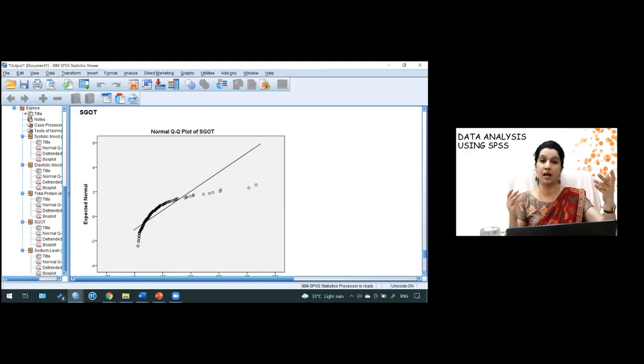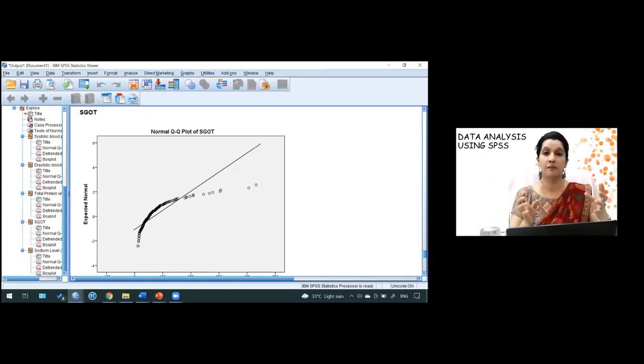In the case of SGOT, the QQ plot shows not normal, and Shapiro-Wilk also shows not normal. But in two cases you have seen that it was normal by visual inspection, while Shapiro-Wilk showed not normal. Did you get that? Yes, I got it. Thank you, ma'am. Yeah, there may be a discrepancy.